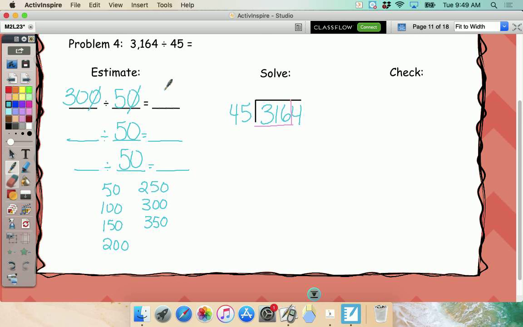So 30 divided by 5. Ryder, what do I write in the guess and check? I'm going to use a 6. 45 times 6. Everybody work it out.